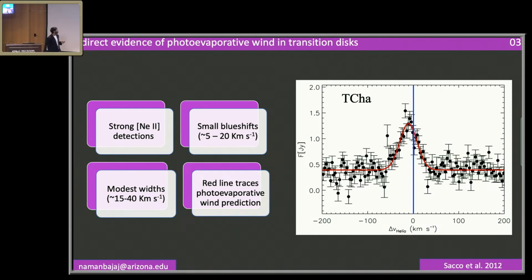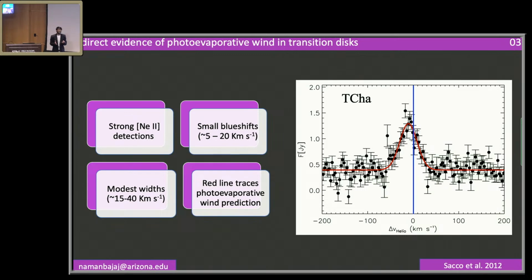And the red line in this plot right here traces the photoevaporative wind model predictions. So this looks good, but the problem is that just based on the spectral information, we cannot exclude the possibility of MHD disk winds being traced by the [Ne II] line. So is [Ne II] tracing MHD disk winds or photoevaporative disk winds?